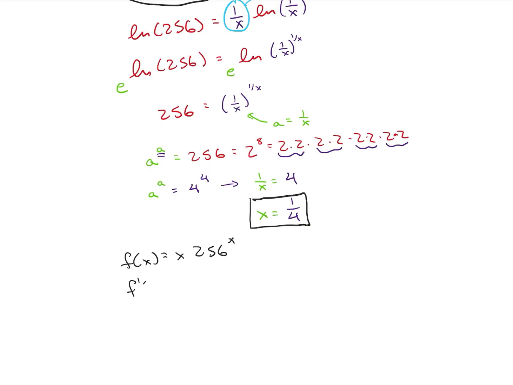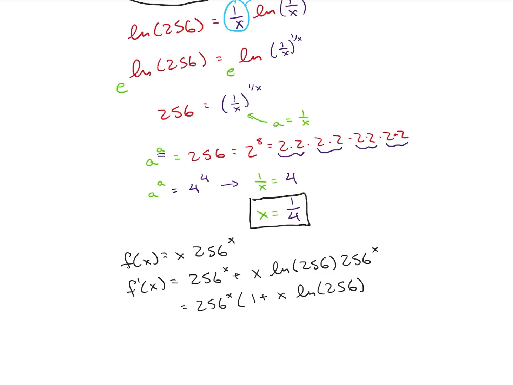If we take the derivative, f prime of x, we're going to get 256 to the x plus x times the derivative of 256 to the x. I'm using the product rule, so that's going to be the log of 256 times 256 to the x. I can factor out a 256 to the x, and I'm going to have 1 plus x times the log of 256.